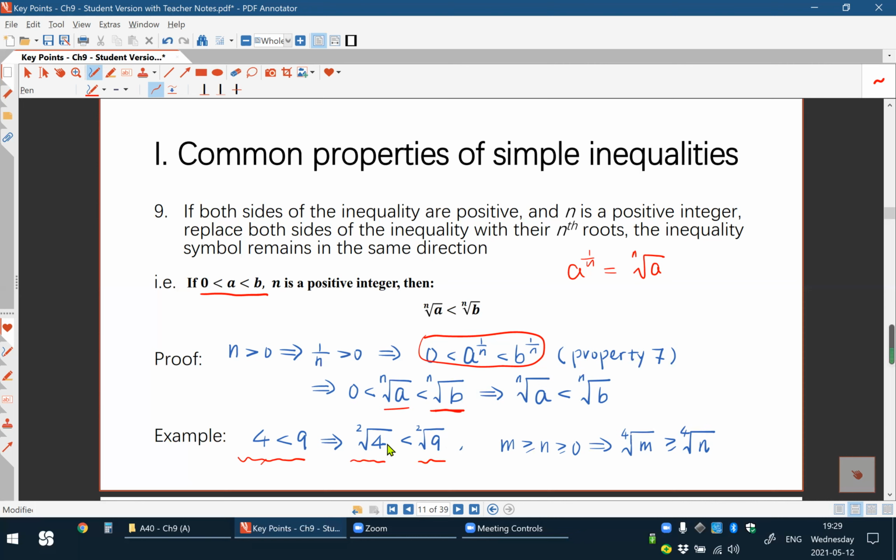And if we verify this, this is actually 2, and the right-hand side is actually 3, right? 2 is of course smaller than 3. Or for another example, if you know that m is greater than or equal to n, and both m and n are non-negative, and we take their fourth root, then the inequality sign does not change direction. So that means the fourth root of m should be greater than or equal to the fourth root of n, right? Any questions?